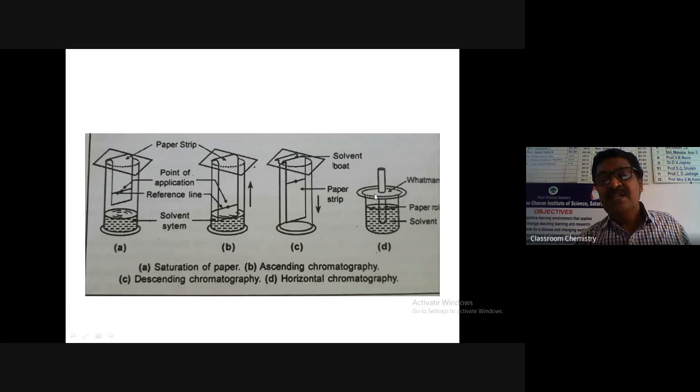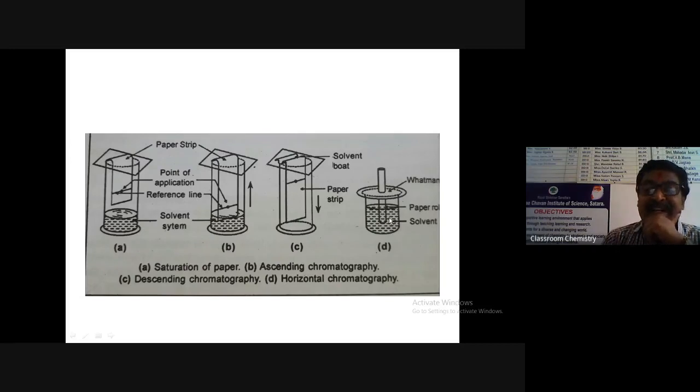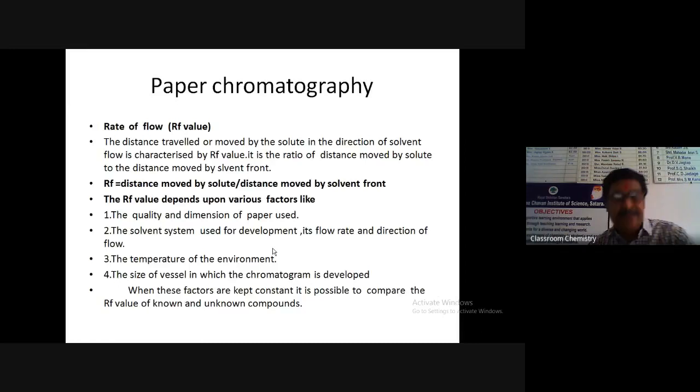While this is the circular chromatography, we have placed the spot here on one filter paper, and the solvent is allowed to circulate along the filter paper horizontally, laterally. Hence, this is known as horizontal chromatography. So these are the things which we have. As far as paper chromatography is concerned, the remaining part we will see in the next lecture.